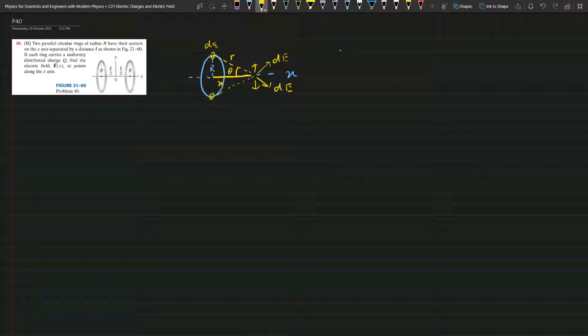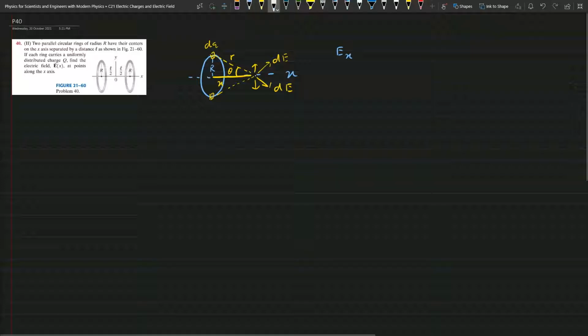So this is Ex, which is the electric field in the x component. Then the y will be cancelled out. We don't need to consider that. And integrate dq over r squared times cos theta.